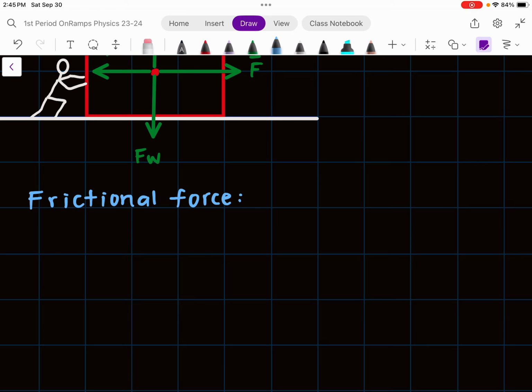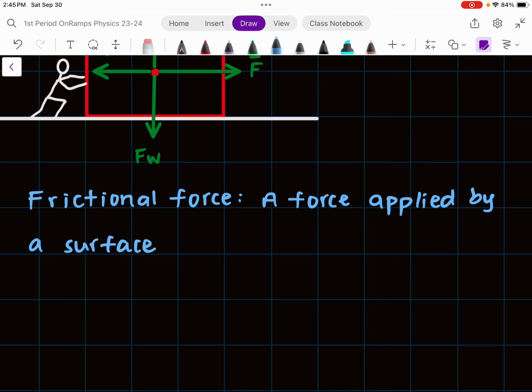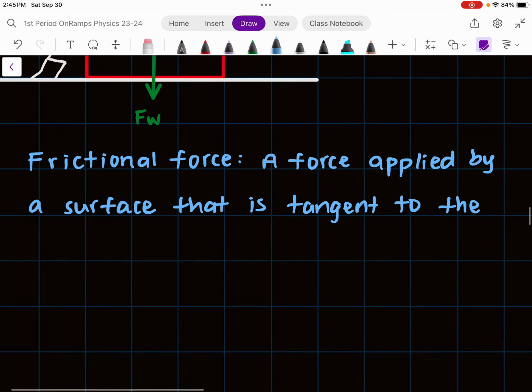And that is a force applied by a surface that is tangent to the surface.